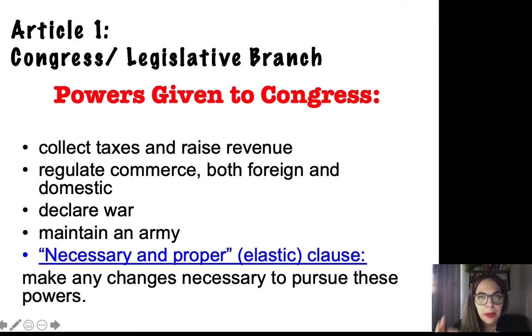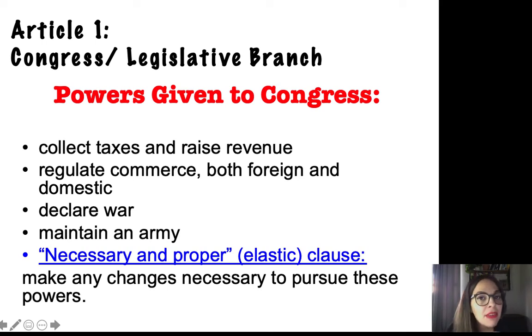But basically, they put this in there so that Congress could have the power to make any changes that were necessary or proper to pursue that change. So what does this mean? Well, it gives Congress the flexibility, right, to be able to address these problems as long as it's something that's necessary and proper.